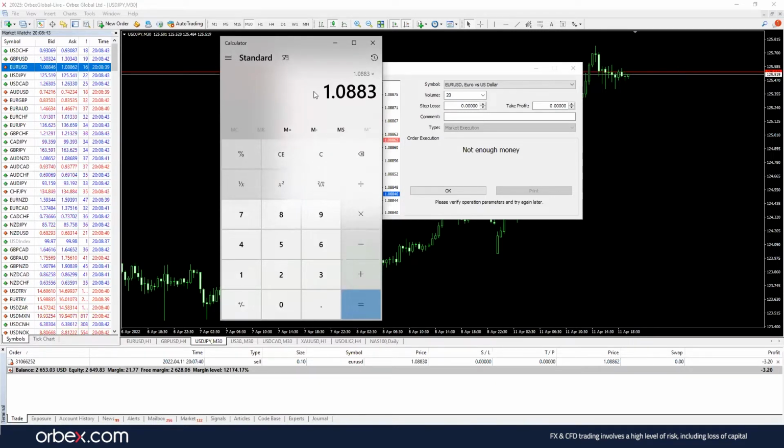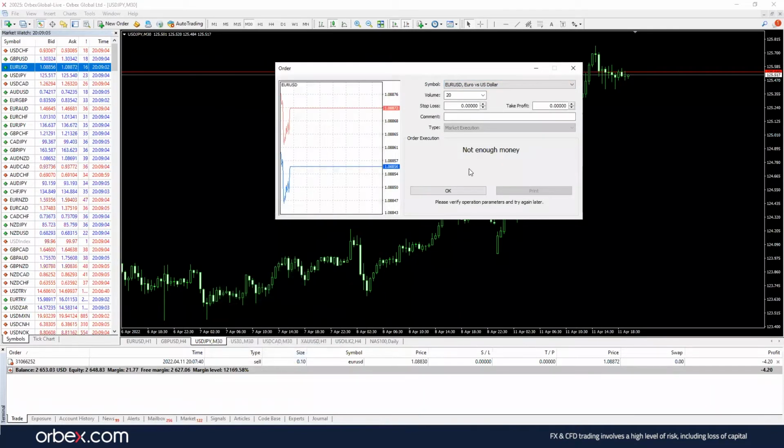So it's 2 million, and then we divide that by 500. I'm going to need $4,353 in my balance in order to open 20 lots of euro dollar. Obviously I do not have that, so that's why it's giving me the message, not enough money.